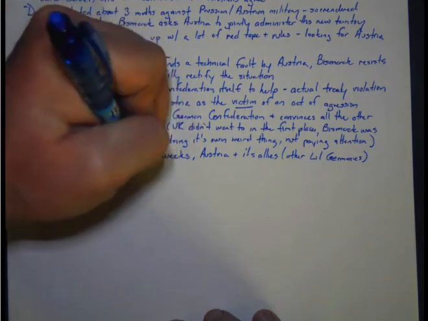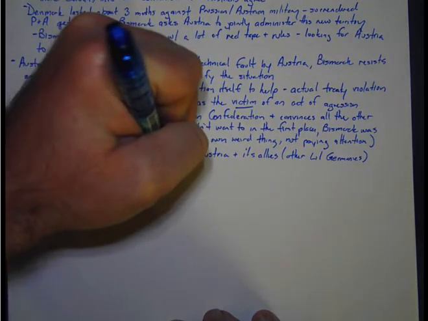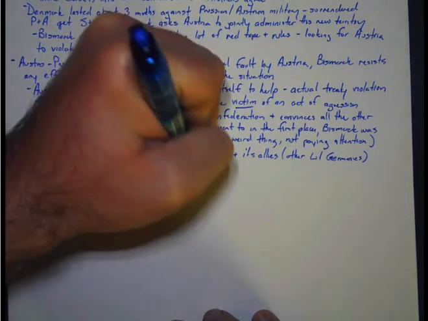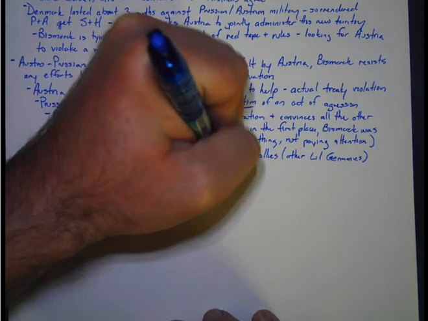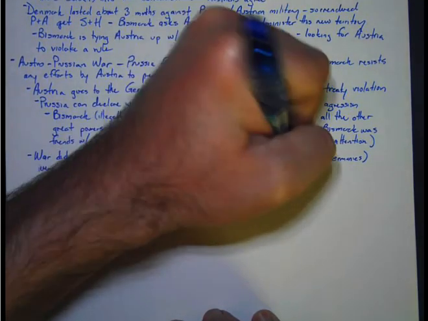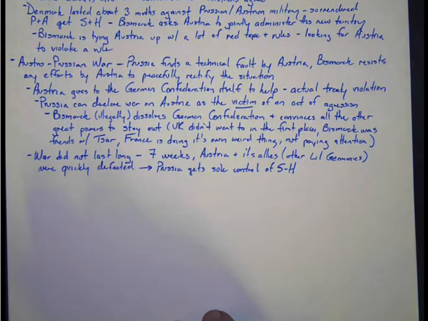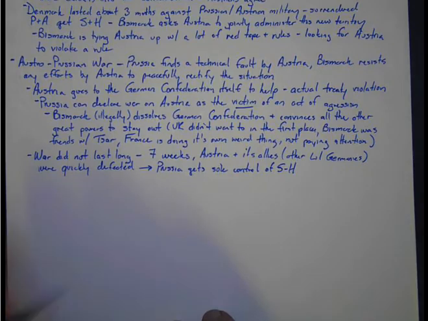And here's what happens as a result of their defeat. Prussia gets sole control of Schleswig and Holstein, which they really didn't care that much about, but it's a nice little benefit.